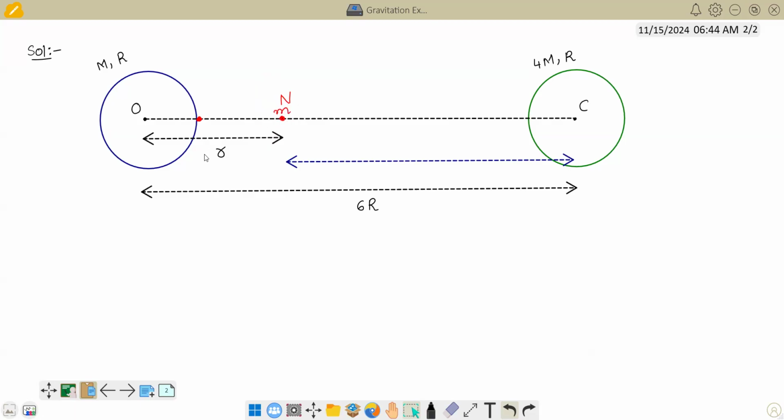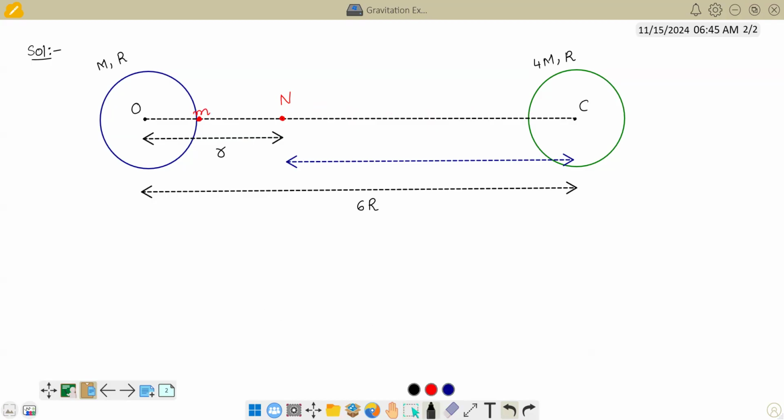It would neither go to the left nor to the right. It will stay here only. But if it just crosses the null point, then the mass would slowly drift and eventually reach the surface of the other sphere.